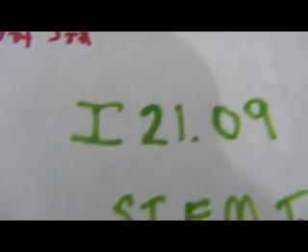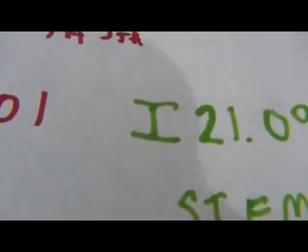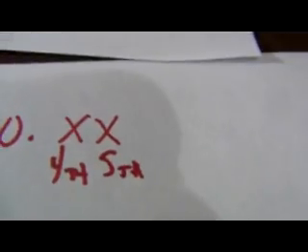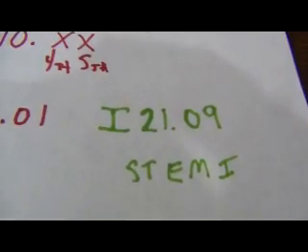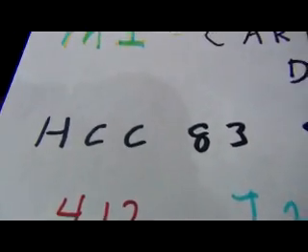This is the ICD-10 code, and it is a STEMI because it is ST elevation myocardial infarction, other coronary artery of anterior wall of the myocardium. That's on the hierarchy.